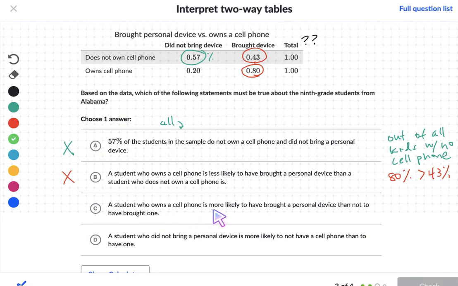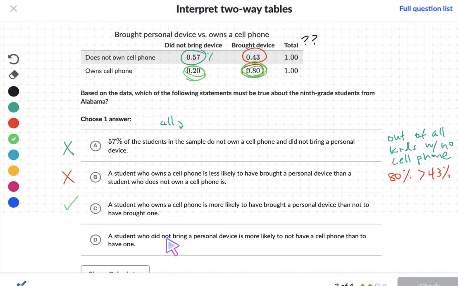Okay, third one. A student who owns a cell phone is more likely to have brought a personal device than to not have brought one. Yeah, more likely to bring one. Yes. Could work.